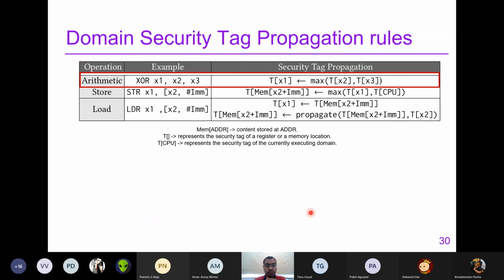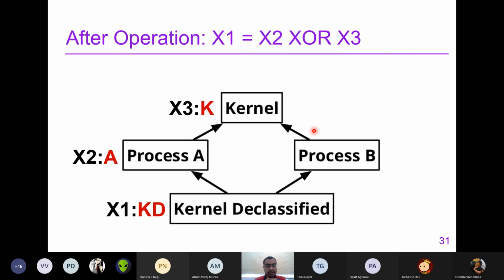According to this rule, the tag of the destination should be updated by this rule. Whichever tag has the highest security level should be given to the destination register. In this case, x2 and x3 are the sources. Among these, x3 has the highest security level, so x1 should be updated to the new tag k.